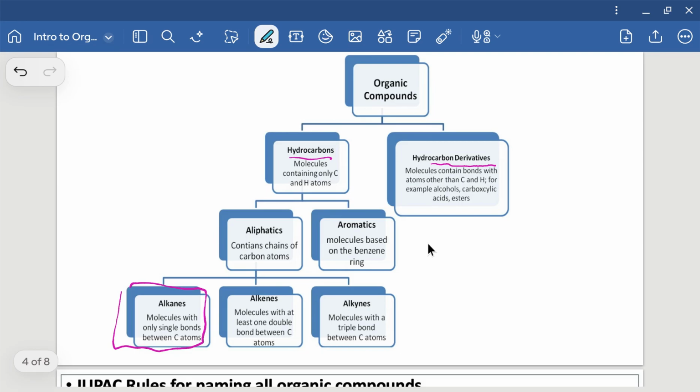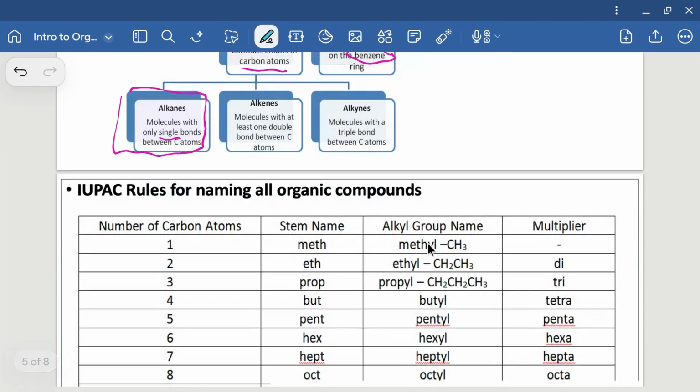So we have aliphatics and aromatics. When we look at aromatics, it would have a benzene ring present, and we can talk more about that. But with aliphatics, it's just a carbon chain, and there are 3 different chains we're going to look at. So alkanes, which we'll see today, have only single bonds. Then we'll look at alkenes and alkynes, which have double and triple bonds.